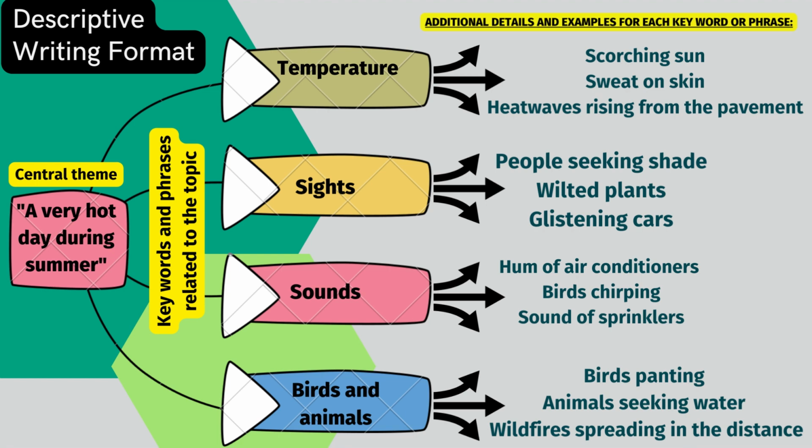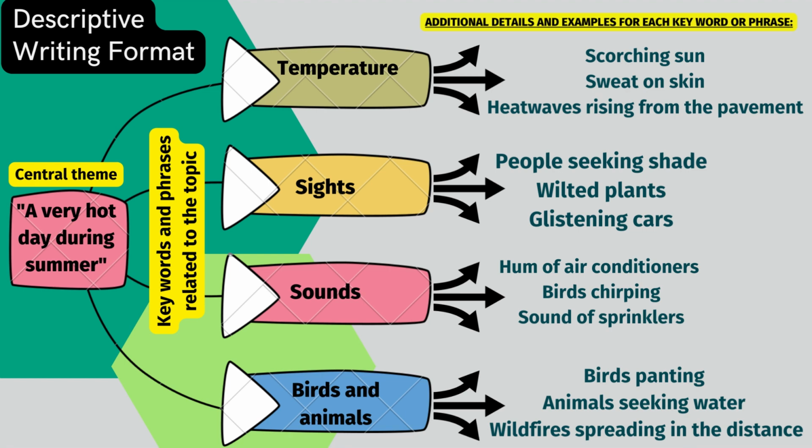Suppose you are writing three different ideas in three different body paragraphs, try to find out which ideas you are going to write, and then you can take out three more points. Suppose here, as I have told you, in temperature, so under temperature you can take ideas like scorching heat, sweat on skin, heat waves rising from the pavement.